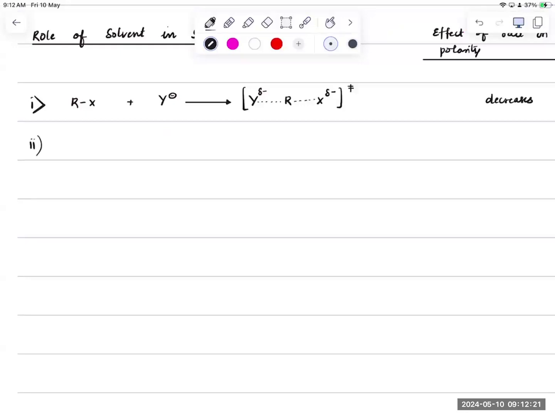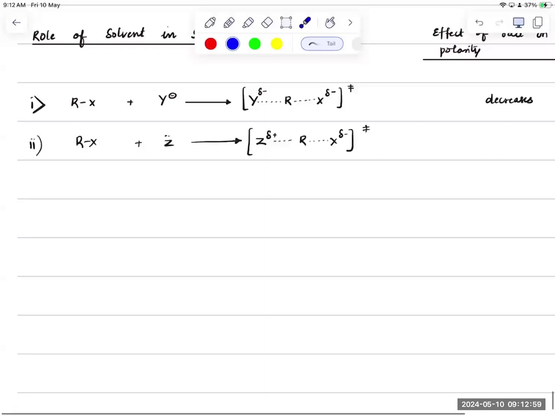Second case, suppose you have RX and I'm treating that with Z, a nucleophile which does not have a charge, it has a lone pair. So now the intermediate you'll form has Z delta positive, because it does not have a charge and is now giving its lone pair, then X delta minus. This is very crucial. Since the nucleophile has no charge, even if you increase polarity, there is no effect on the nucleophile.